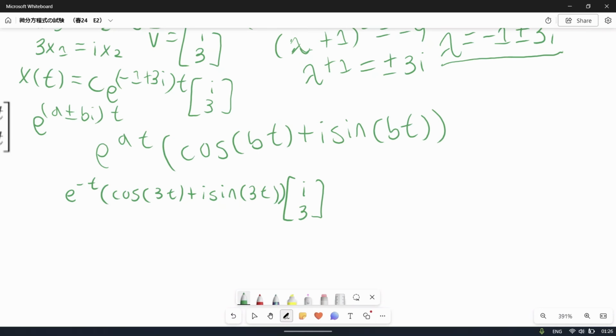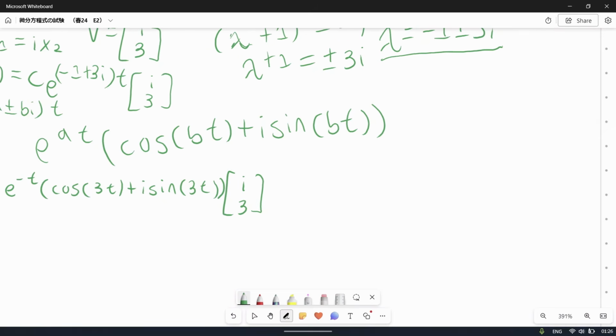The real part can be found just by multiplying a real part times a real part, or an imaginary part times an imaginary part. So I'm just going to match those two together. For our first part of the solution, x of t is equal to c sub 1 times e to the -t times the real part here.